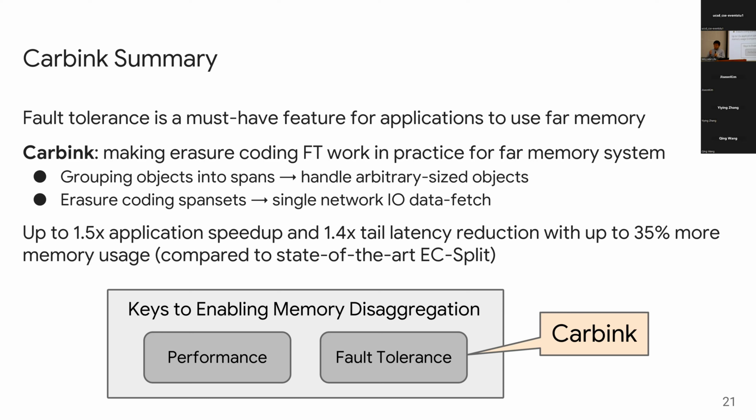These objects tend to be cold based on our trace analysis in production, and we find most accesses are to small objects in local memory. So their performance is pretty good even when accessing remote large objects. But I haven't done the detailed comparison with a paging-based system, and that would be good future work.